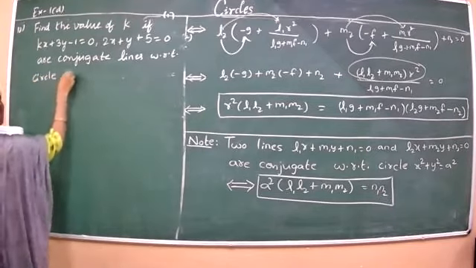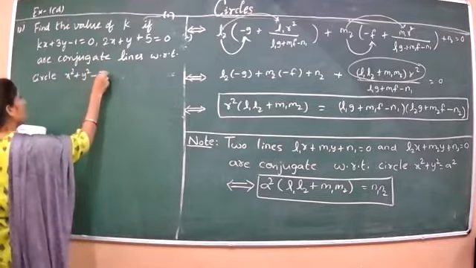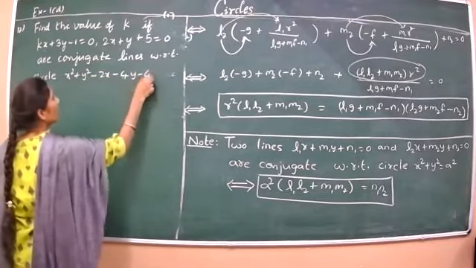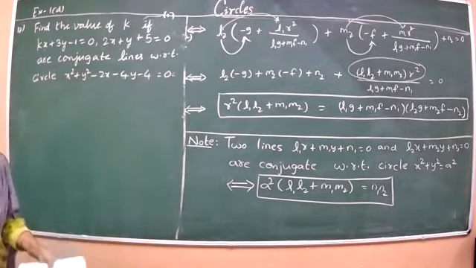What is the equation of the circle? x square plus y square minus 2x minus 4y minus 4 equal to 0.